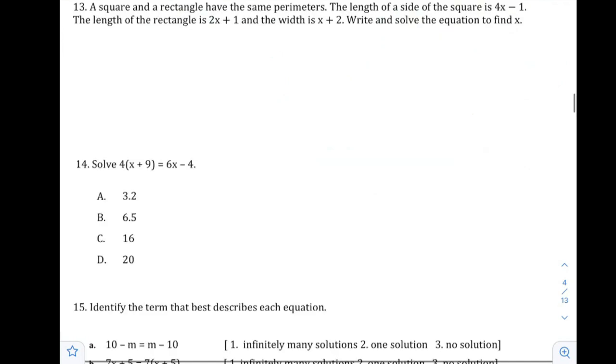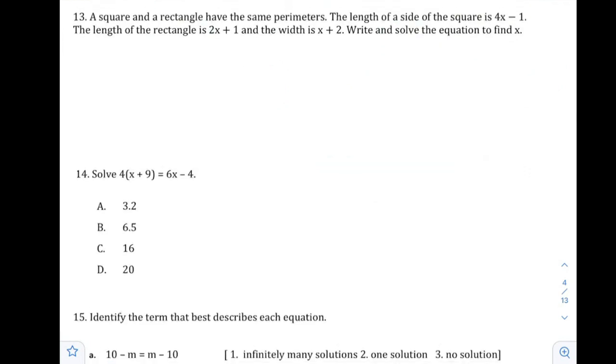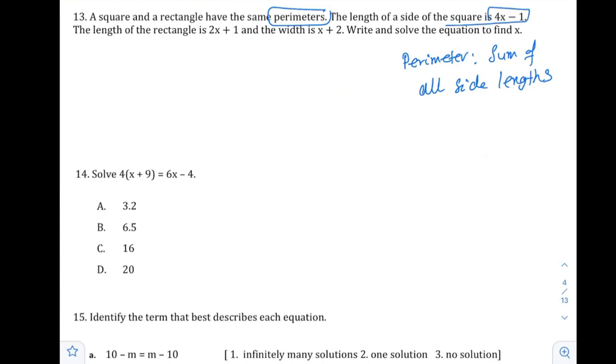A square and a rectangle have the same perimeters. Perimeter اللي هو المحيط. Perimeter is the sum of all side lengths, مجموع الأطوال. The length of the sides of the square is 4x minus 1.